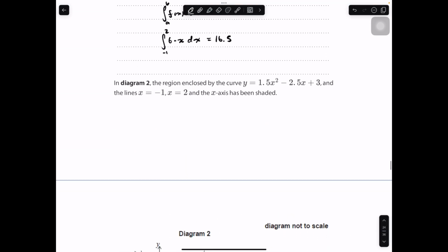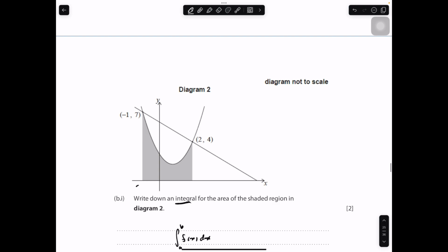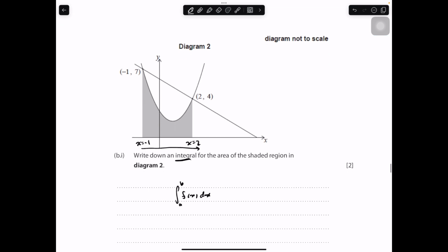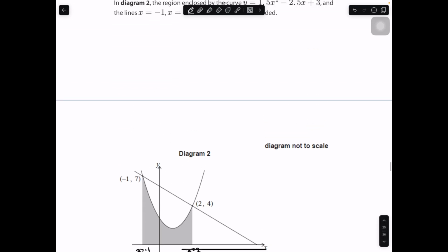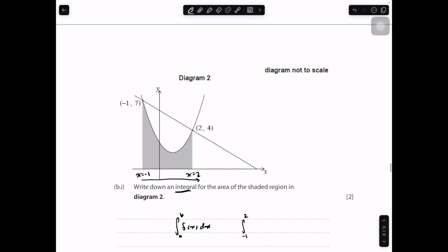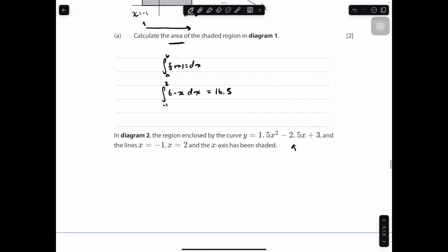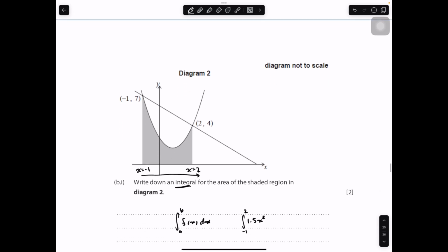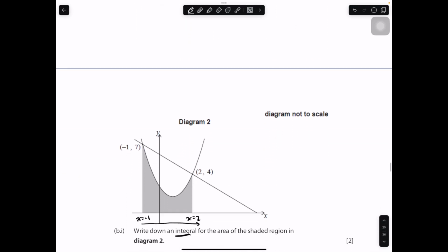So in this case, starting value x is equal to negative 1, going up all the way to 2. So we're going to sweep through this area. Our function is 1.5x squared minus 2.5x plus 3, in terms of dx. Okay. That's it.